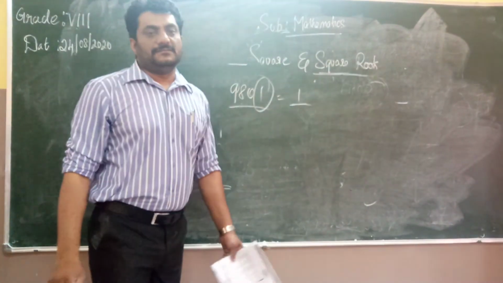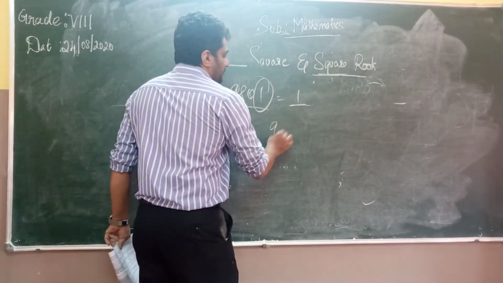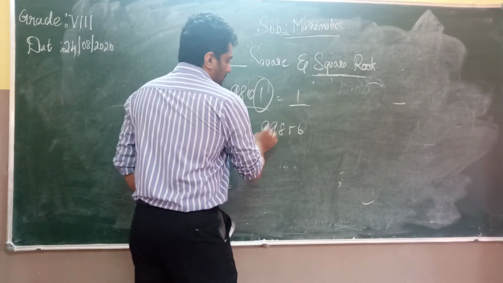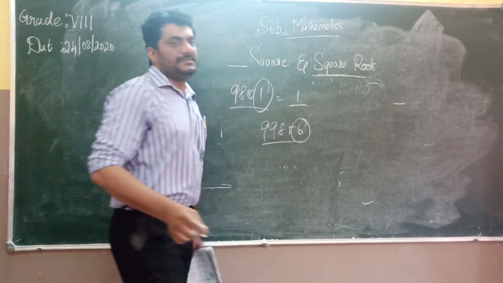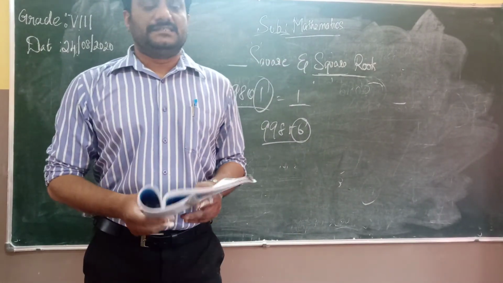Now 9856. In this, we look at the unit digit. If you multiply 6 into 6, it's always 36.